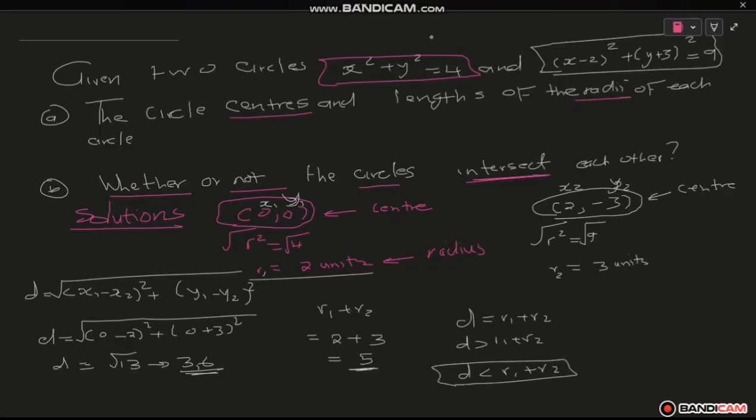So we know that d is less than r1 plus r2. Therefore, we can say that circles do not intersect. Why? Because the distance is less than the sum of the radii. So this is how you answer these types of questions.